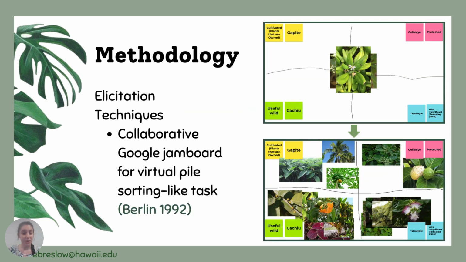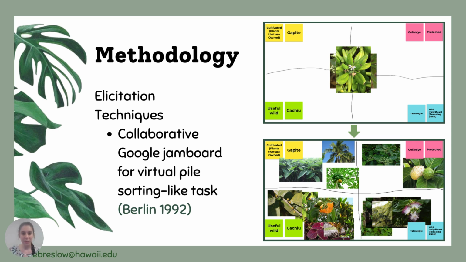Now, in terms of that cultivation status by Berlin that I mentioned, I used an adapted method of his sorting task using Google Jamboard, which is like an online whiteboard. And so I used those 4 quadrants where you see cultivated plants, protected plants, useful wild plants, and the remaining category of less useful wild plants.